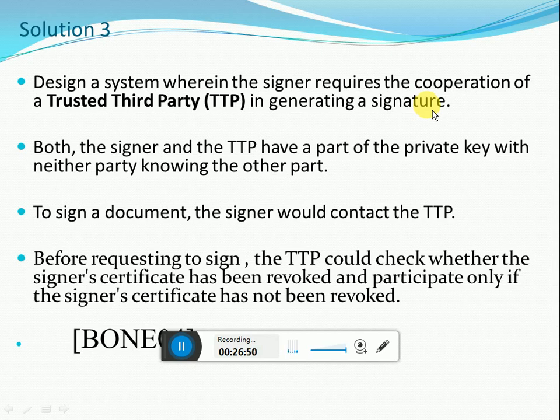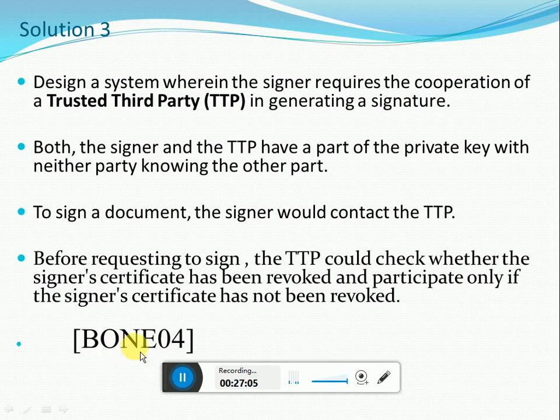So neither, acting on their own, can create a signature on a document. Such a scheme is proposed by Boneh et al. in 2004.